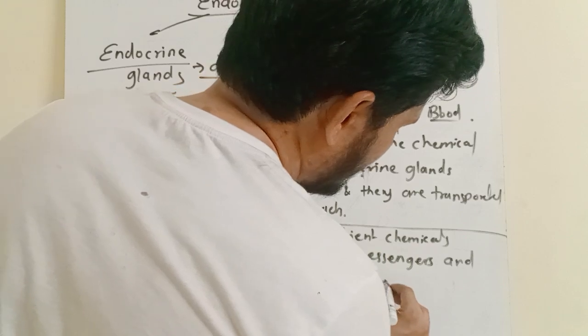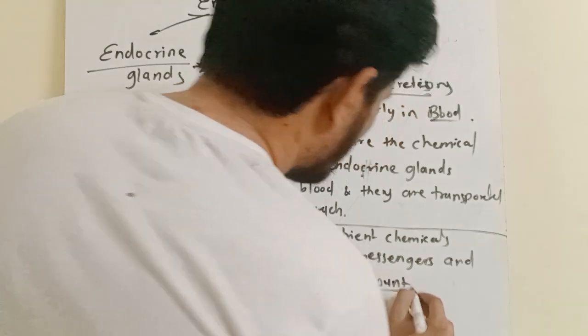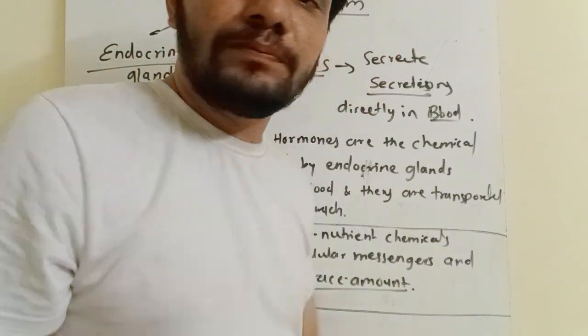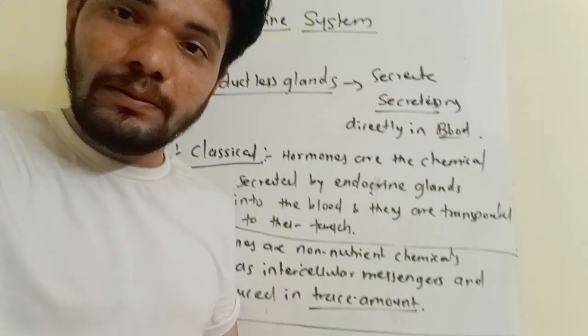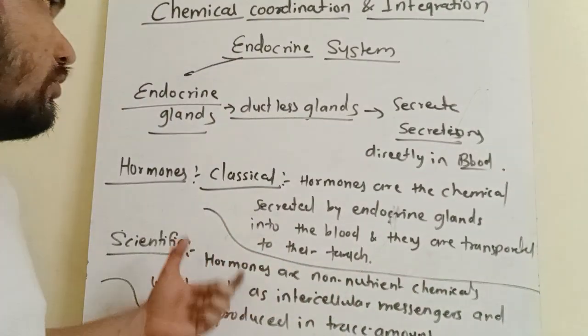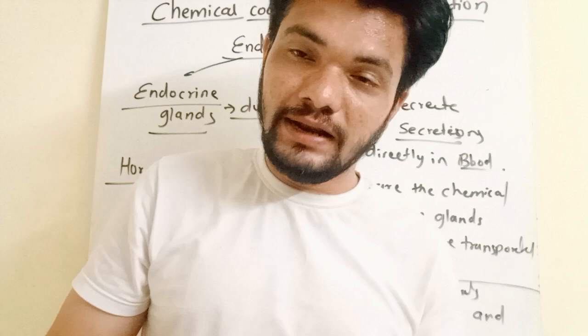Trace amount is minute amount. This definition also covers molecules apart from the hormones. So this is about the hormones and your endocrine glands.